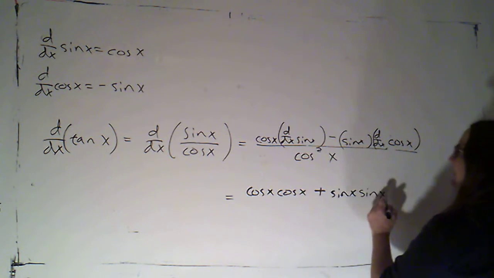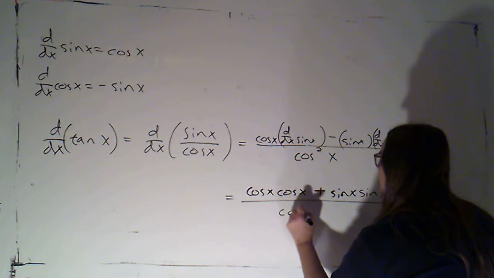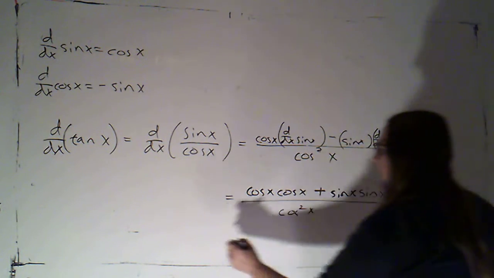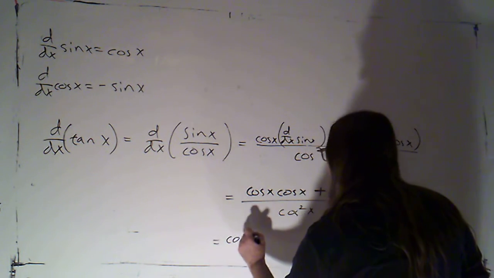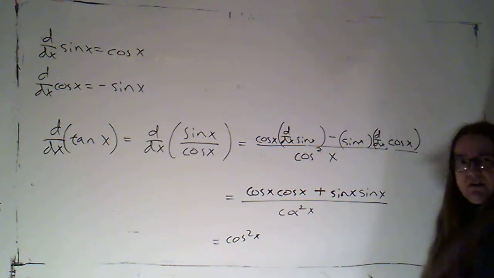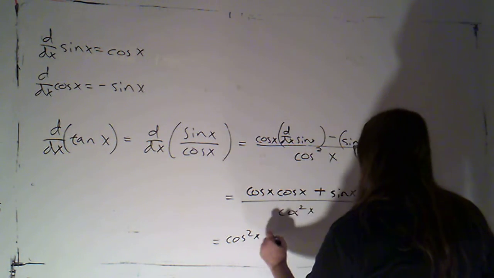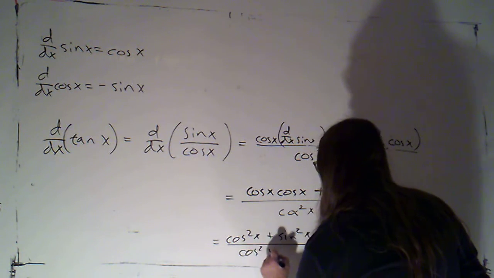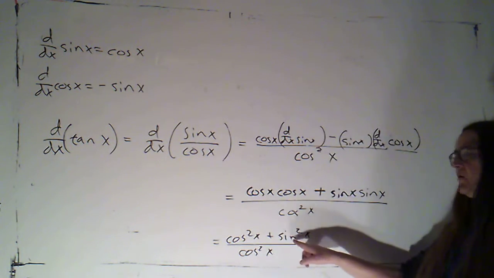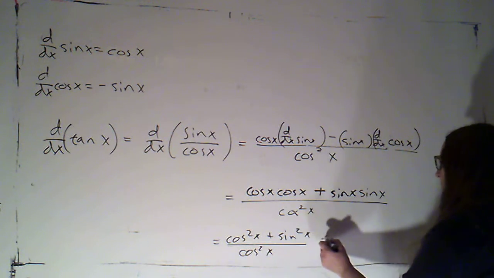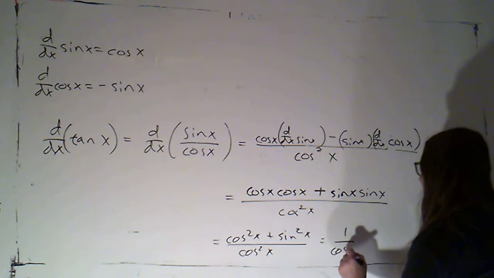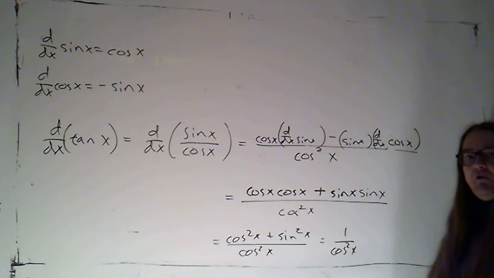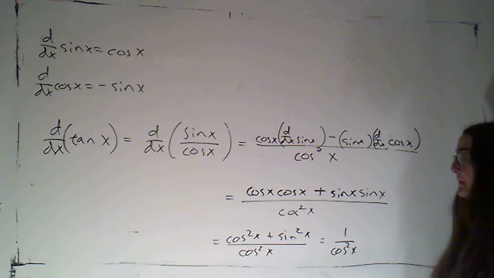So we get sine x times sine x over cosine squared x. Now notice on top, that's cosine squared x, because cosine times cosine is cosine squared, plus sine squared x over cosine squared x. Cosine squared plus sine squared, that's 1. So we get 1 over cosine squared x.